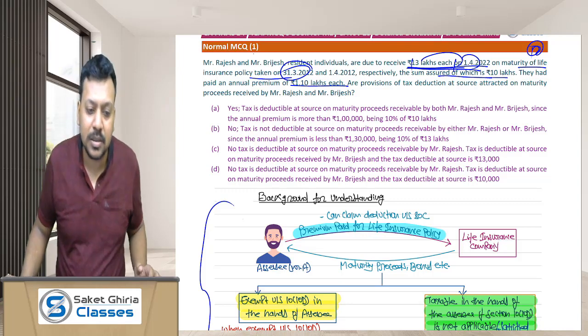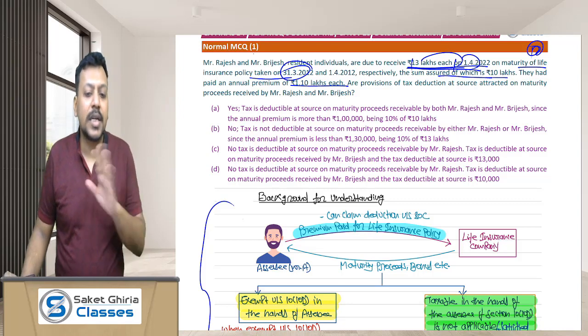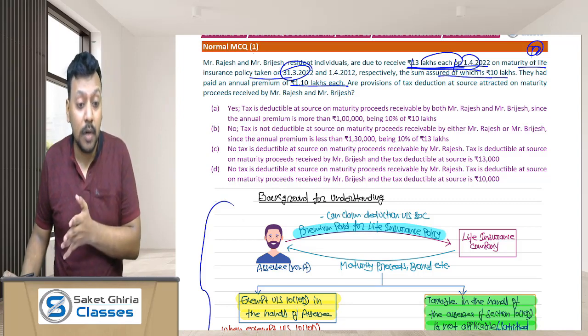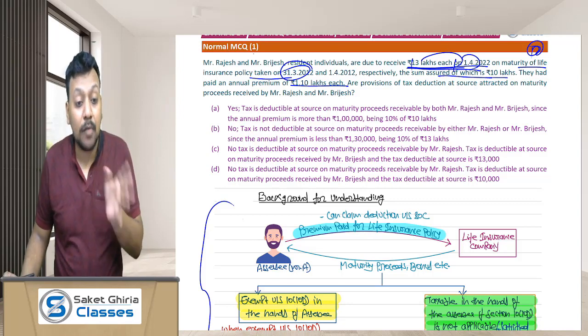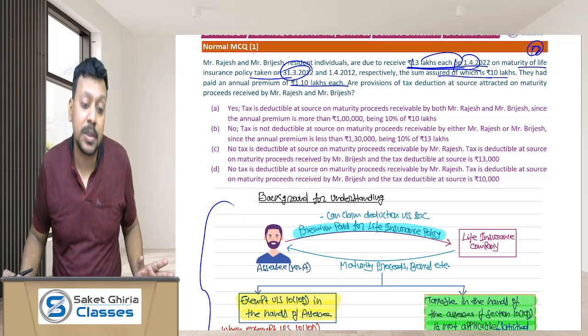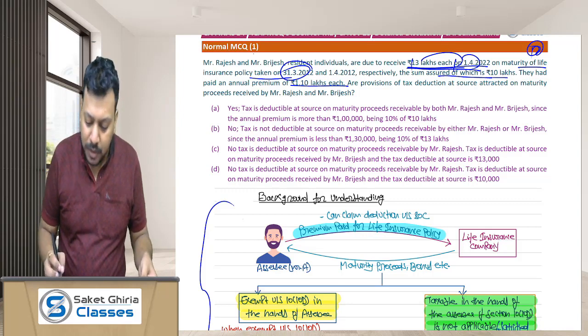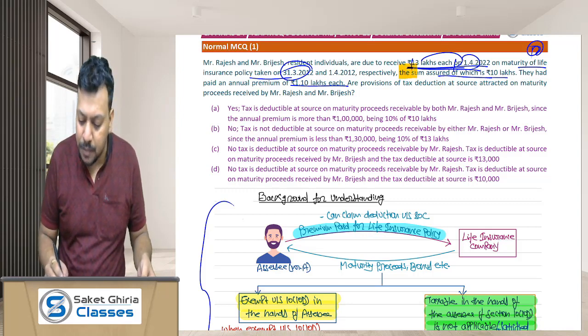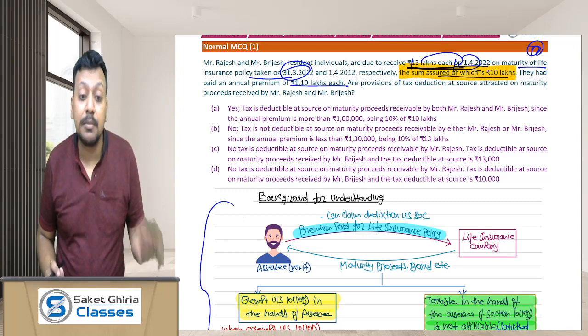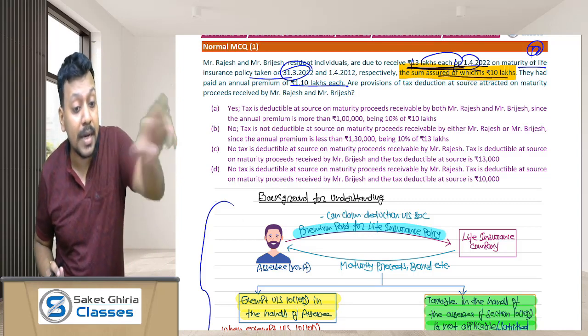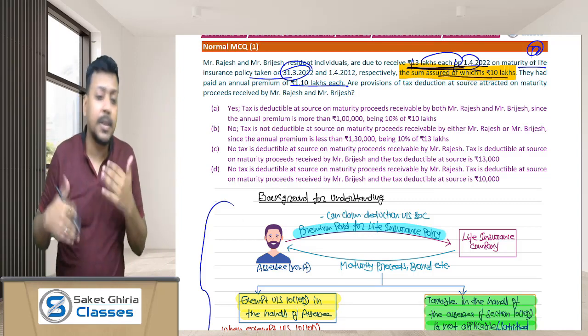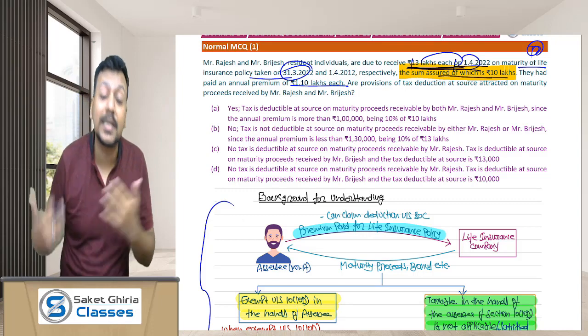But Mr. Brijesh is not so lucky, and as he has taken the policy on 1/4/2012, Mr. Brijesh can pay annual premium only up to 10% of the actual capital sum assured under the policy. Okay, the actual capital sum assured under the policy is rupees 10 lakh, and Mr. Rajesh is paying 1,10,000 per year as annual premium, and Mr. Brijesh is also paying 1,10,000 per year as annual premium.